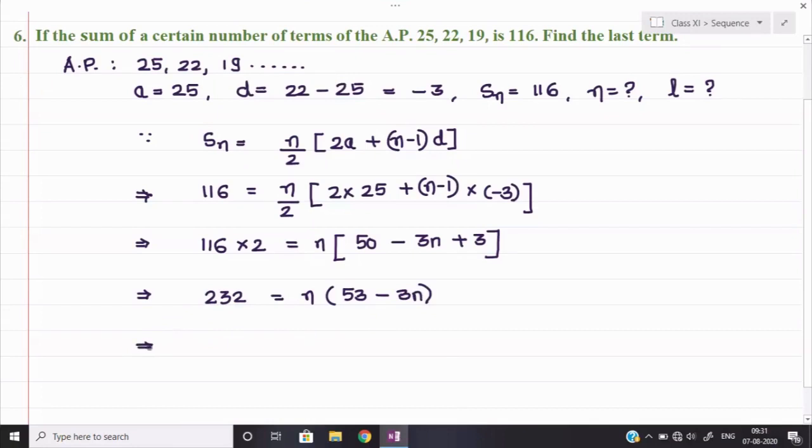So this will be 53n minus 3n square. Now we can bring both terms of the right hand side onto this side. So this will be 3n square minus 53n plus 232 is equal to 0.